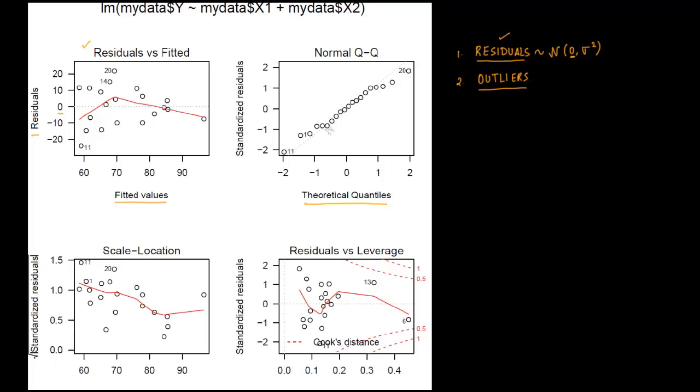We notice that the majority of the residuals lie on the diagonal except a couple, and these have been numbered: the data point in row 1, row 11, and row 20 are not lying around the diagonal. We have to make sure these data points are correct, so we need to make a mark of this. Here we have data point 20, and again there is data point 11 which is causing a problem, along with 14 and 20. R will mark out these data points for you.